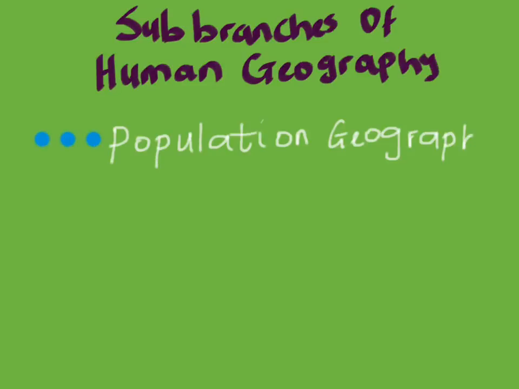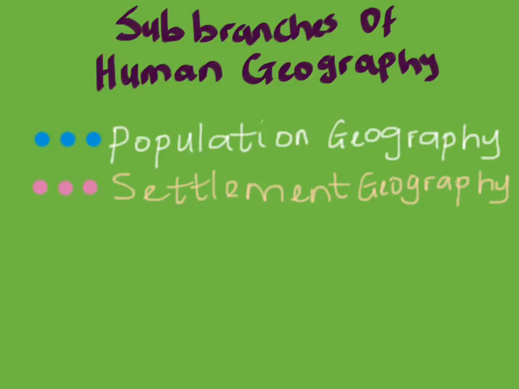We'll begin with the first, which is population geography. Population geography is the study of the number, composition, and distribution of human beings on the Earth's space. We'll now go to the next, which is settlement geography.